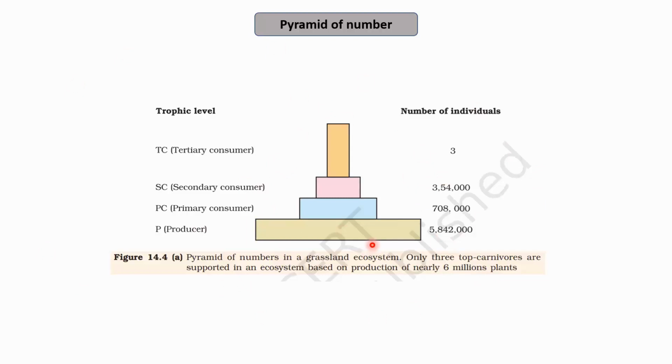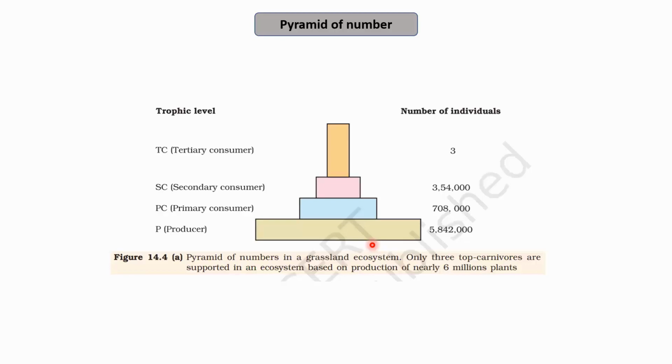The pyramid of number in a grassland ecosystem is an upright pyramid where the number of producers is more than the number of primary consumers. Similarly, the number of primary consumers is higher than the secondary consumers, and tertiary consumers are very few in number.